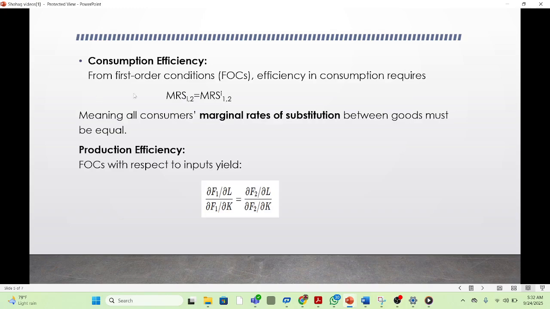Consumption efficiency from the first order condition: MRS of consumer 1 equals MRS of consumer 2, meaning the marginal rate of substitution between goods must be equal for all consumers. Production efficiency, from the first order condition with respect to inputs: del F by del L over del F by del K, that is, firm 1's labor over capital, equals that of firm 2.